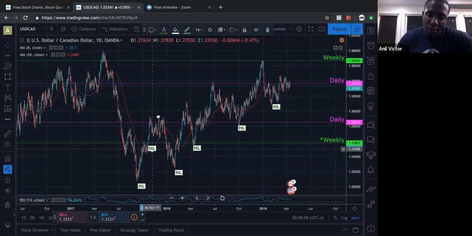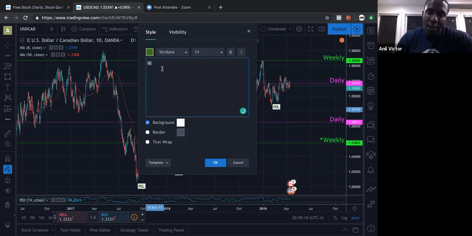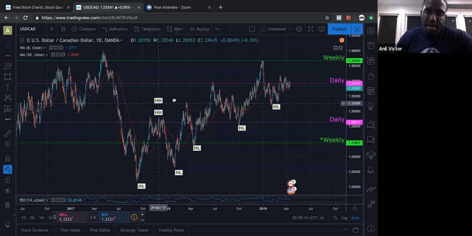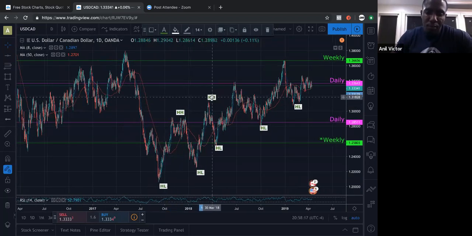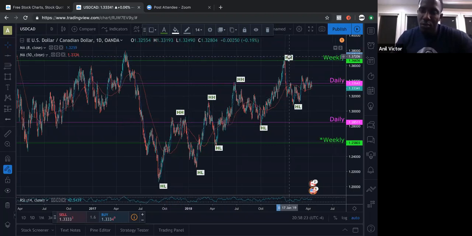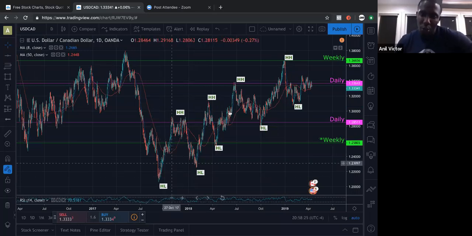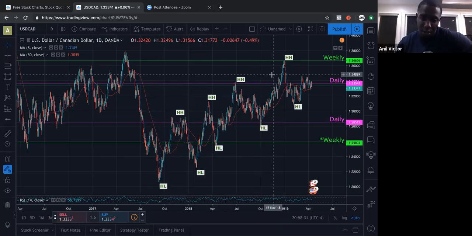And then we also have higher highs. All right. So price has been uptrending for quite some time. Since September of 2017, price has just been uptrending, right?